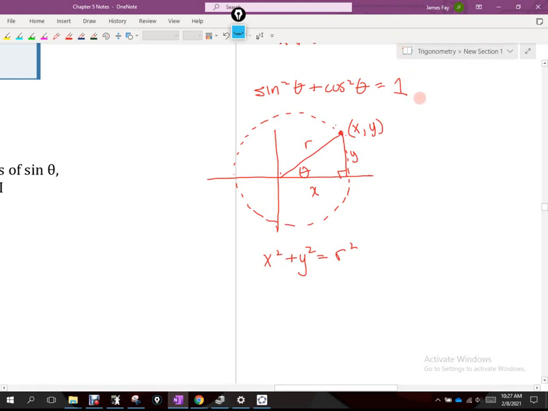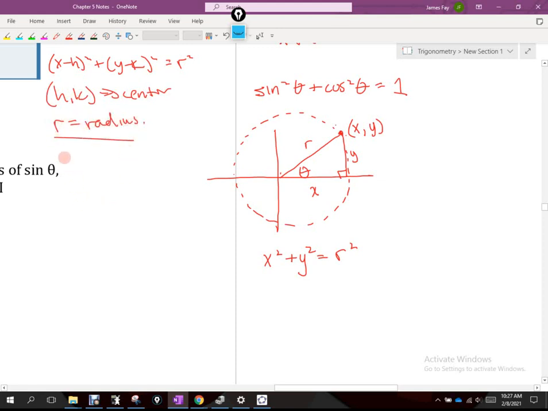If I write this, x minus h squared plus y minus k squared equals r squared, h and k is your center, r is your radius. You guys remember talking about conic sections last year? This is the formula for any circle in the coordinate plane.